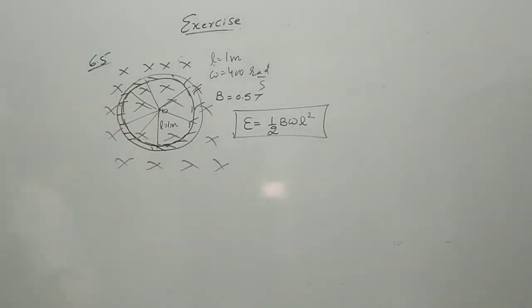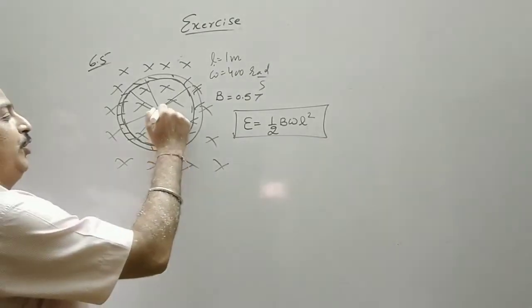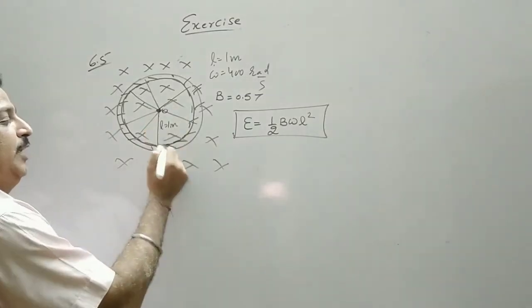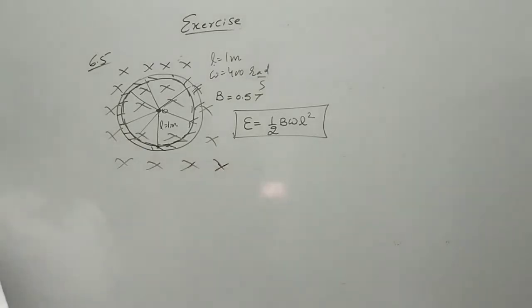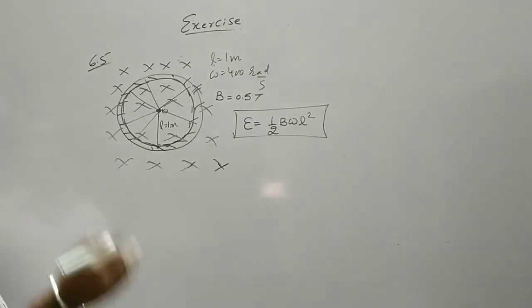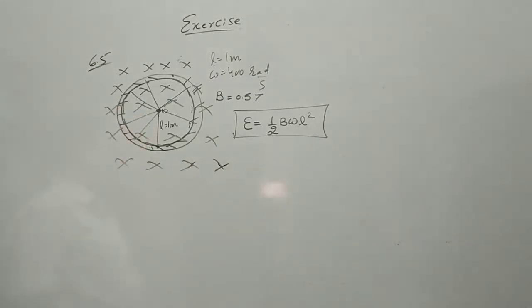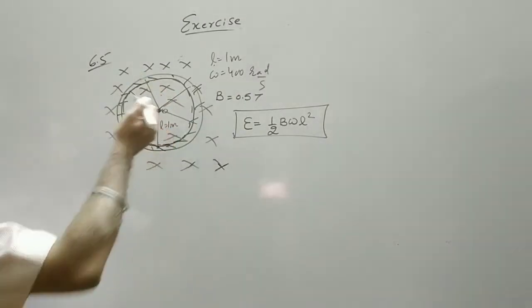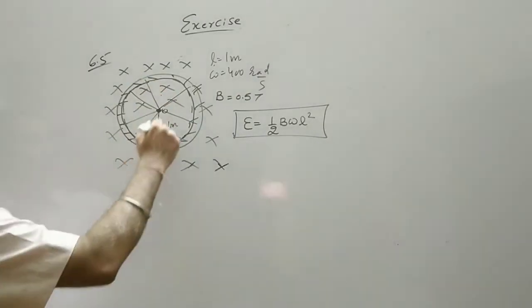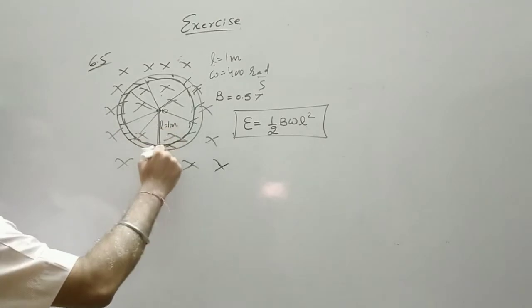You have to simply substitute them and we will find the EMF induced. One end will become positive and one end will become negative. The direction of the magnetic field is not given, so we have assumed the field is going inward. They have given that the field is parallel to the axis of rotation, so you can take a field going into the board or coming out. We are not going to find the direction for the rod.